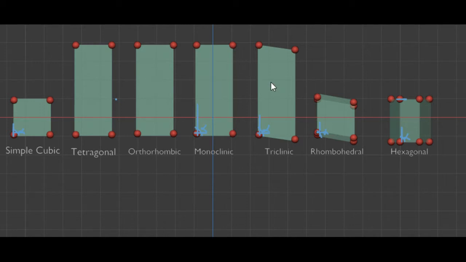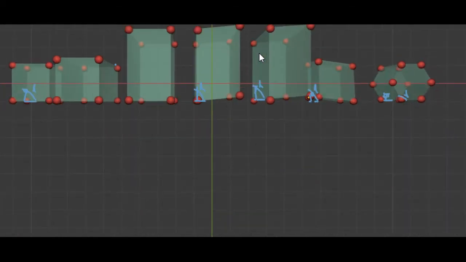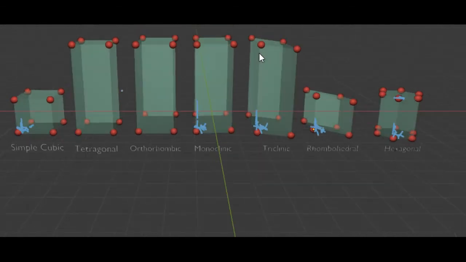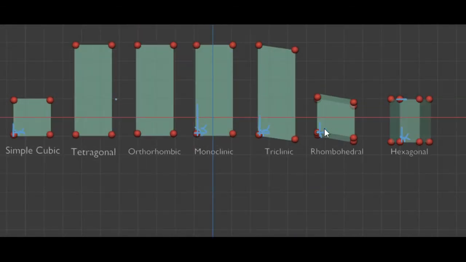Coming to next one, that is triclinic lattice. And what is the difference here from this particular structure? So here again length is not equal to breadth, which is again not equal to height. So in a way, from the length perspective, it is similar to monoclinic or orthorhombic.